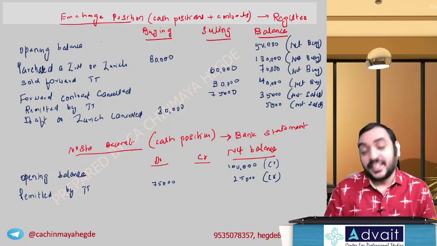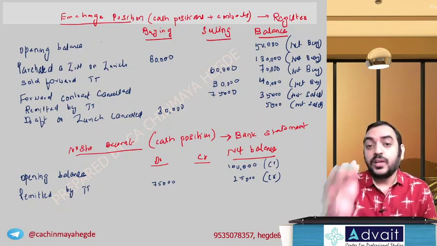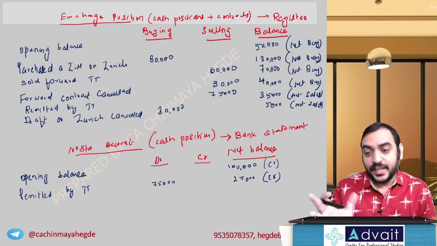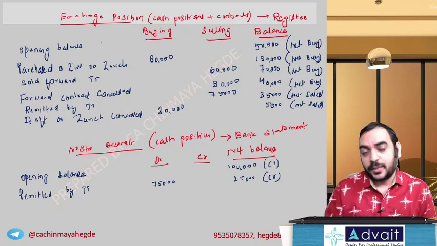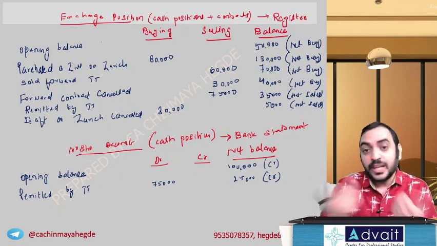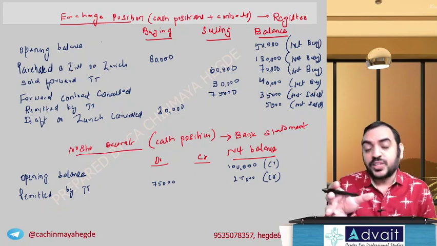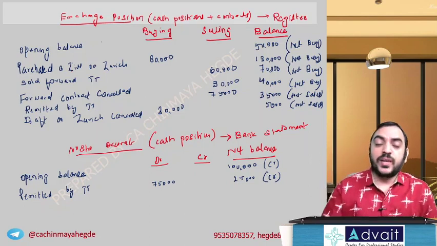As I told you, remittance and sold are both the same. Both are going out, both are payments. So in that case, it will come in exchange position as well as in cash position.